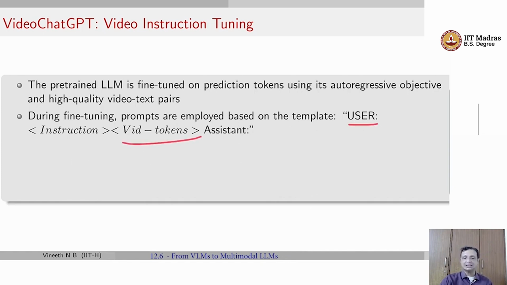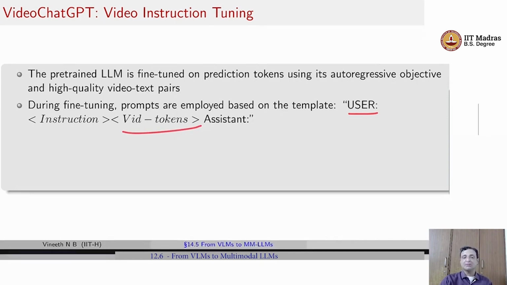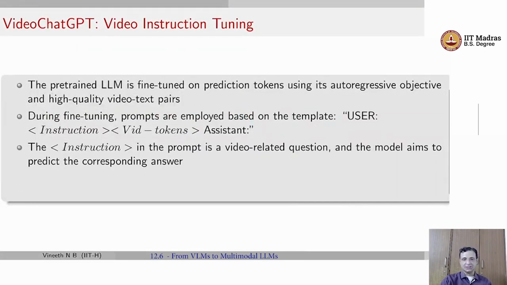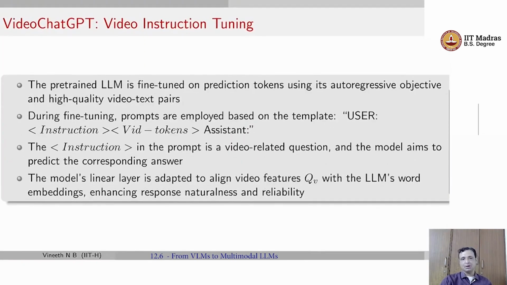They use that as systemic information to the model, saying that these are video tokens that are coming into the system. The instruction here is the video related question, and the model's objective is to predict the corresponding answer related to the question about the video.